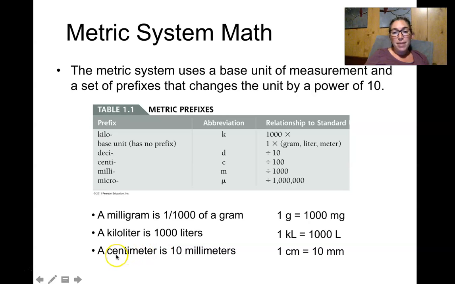And a centimeter is 10 times more than a millimeter. So centi is 100th, milli is 1,000th, so that's a difference of 10. So for every 1 centimeter, you have 10 millimeters. It's 10 times bigger. And we can write that as what we call an equivalency. 1 centimeter equals 10 millimeters.